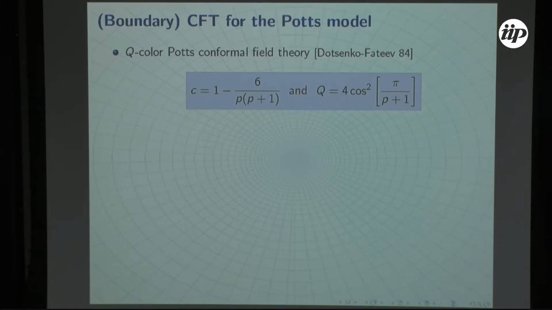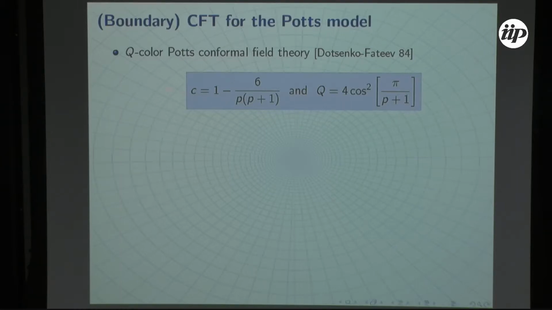They were the first to identify how the central charge of the conformal field theory is related to Q, where Q is the number of states in the Q-state Potts model. And from this, we're able to identify the scaling dimensions of the operators, etc.